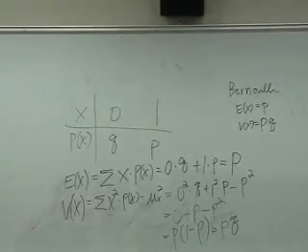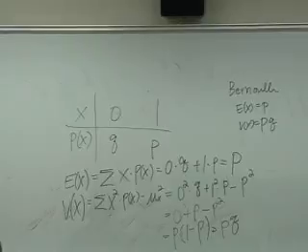So here is what we get. After we finish the Bernoulli trial, that is the experiment for only one time. And now we are dealing with binomial, where we do the experiment n times.